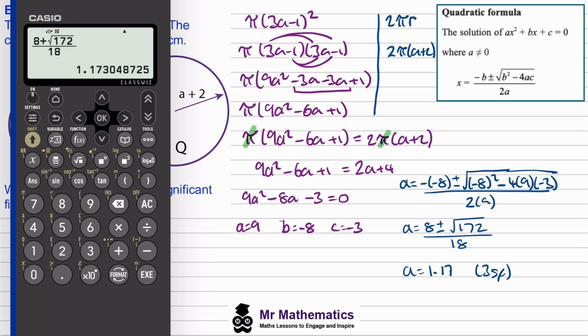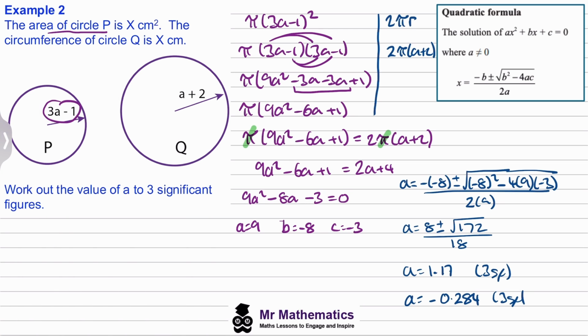We need to try the negative, and we get a equals negative 0.284. But we know this cannot be a valid solution, because while the radius of circle Q remains positive, for this radius that would be a negative, and we can't have a negative radius. So our solution is that a must equal 1.17.